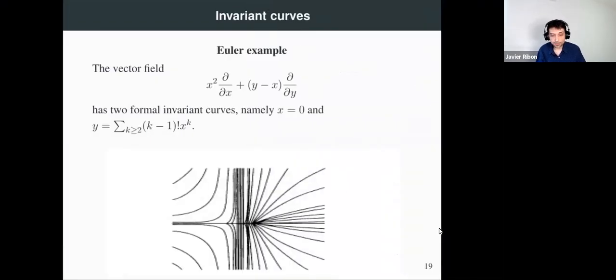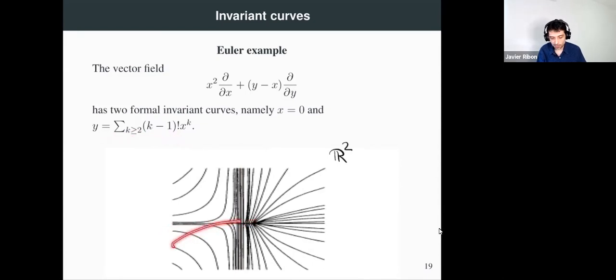Okay, but we have this picture over here. This is a picture for R2. In C2, the situation is a little bit more complicated, so I'm going to stay in R2 for this discussion. What happens here is that to the left of the y-axis, we are going to have one curve that is invariant and goes to the origin. And this curve has a C-infinity expansion at the origin, which is exactly this one. So, of course, this does not converge.